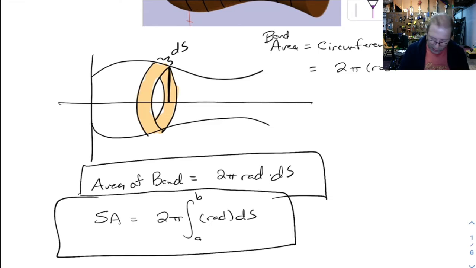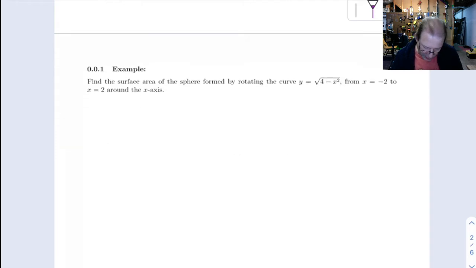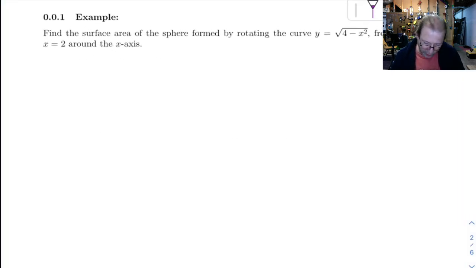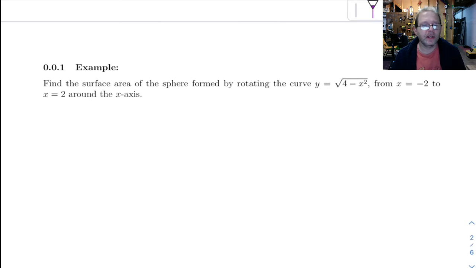So let's do an example. The first example I have is: find the surface area of the sphere formed by rotating this curve from x equals -2 to x equals 2 around the x-axis. Now, I know this is a sphere because this is a semicircle, and if you rotate that around the x-axis, you're going to get a sphere.